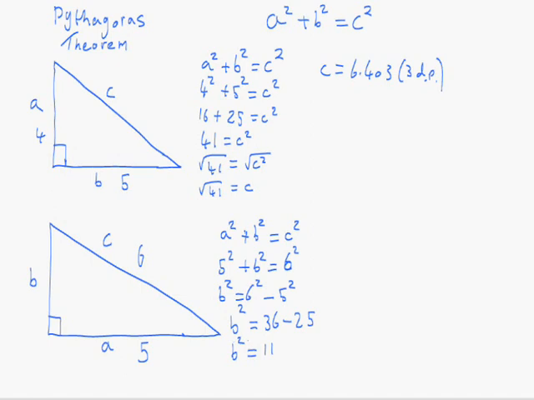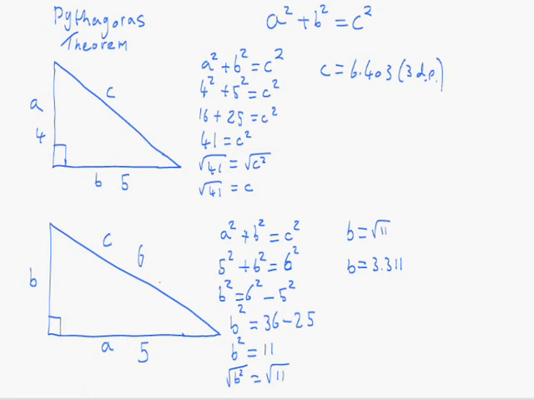Now again, we want to get rid of this squared. So we're left with the square root of B squared is equal to the square root of 11, which leaves us with B is equal to the square root of 11, so B equals 3.311.